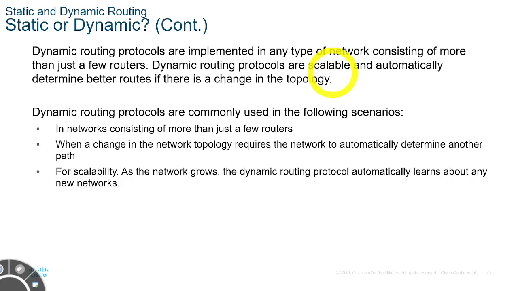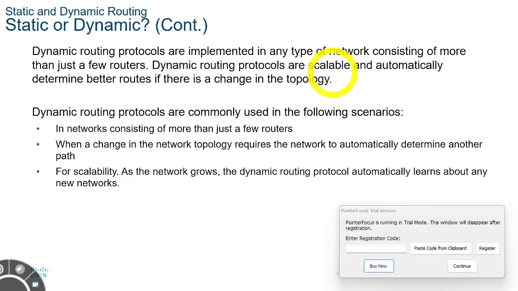So remember, in dynamic routing protocols, when routers share information, each one creates its routing table on its own. And if any change happens within the topology, the routers transmit update information to each other, and based on this updated information, each router updates its routing table with the new change.